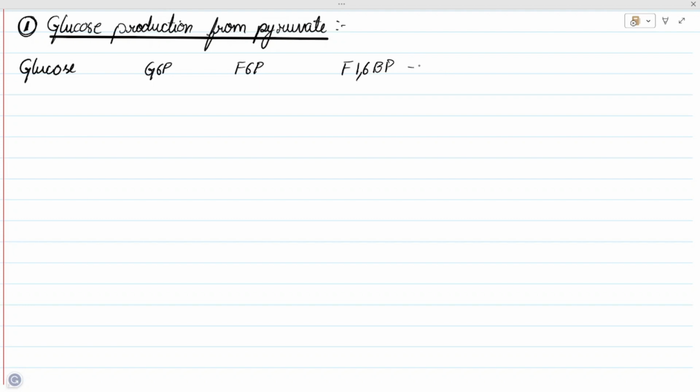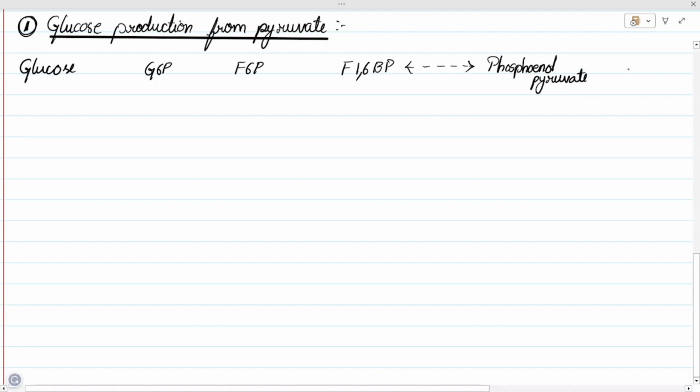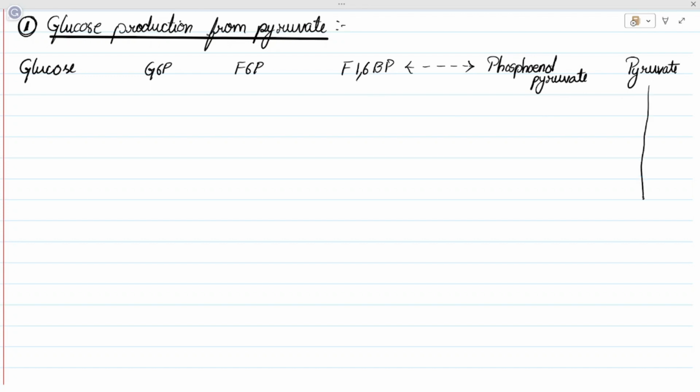Now, after a few intermediate steps, we have phosphoenol pyruvate, and ultimately the phosphoenol pyruvate gets converted into pyruvate. The gluconeogenesis process takes place both in cytoplasm and mitochondria, right? Hence, this pyruvate gets transported into the mitochondria.